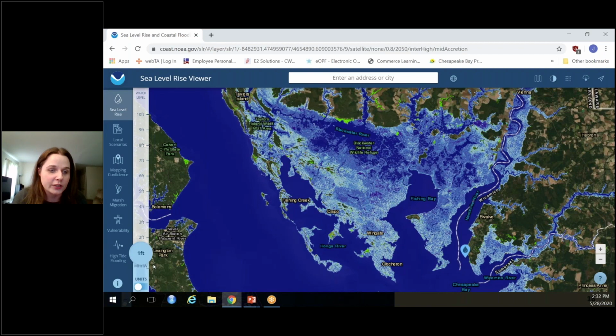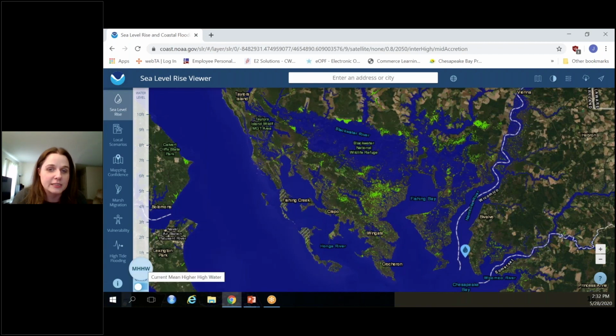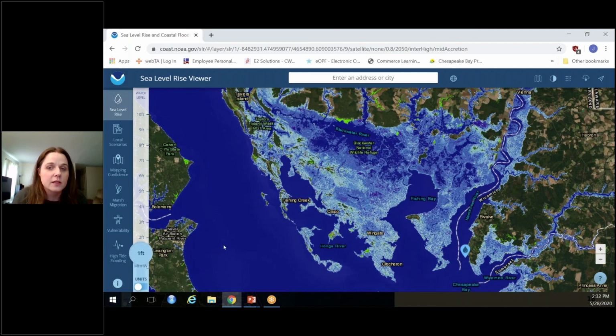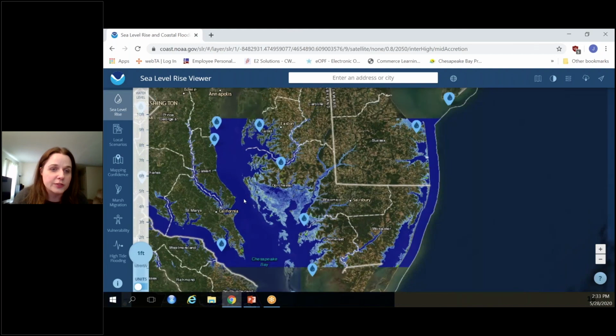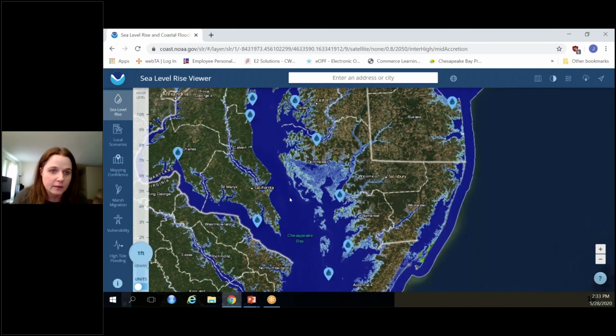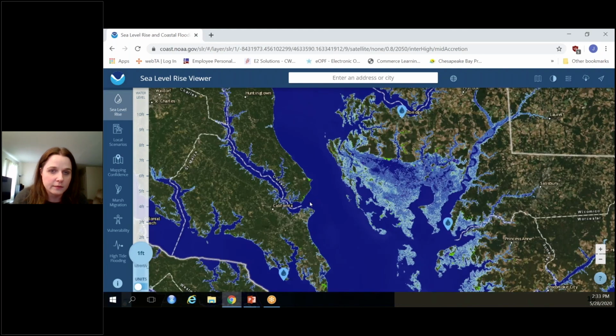It's going to be underwater. If we go back to current conditions and then 1 foot, that's how extensively sea level rise can affect our land, our shores, and our coast here in the Chesapeake Bay area.